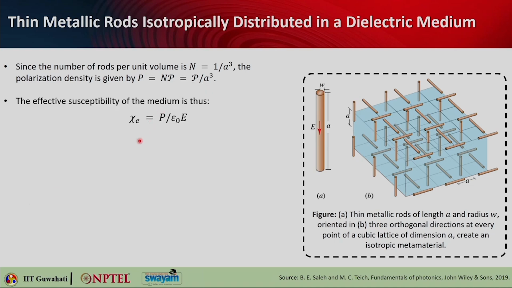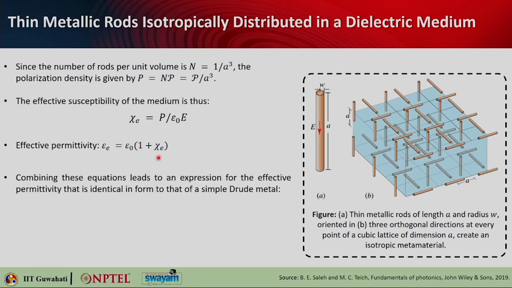From that you can find out the effective susceptibility of this medium. So, you can write chi E equals capital P over epsilon naught E. Once you know this electric susceptibility, you can always find out the effective permittivity, that is epsilon E, which is nothing but epsilon naught times 1 plus chi E. By combining these equations, you can find the effective permittivity has a form very much identical to the simple Drude metal.